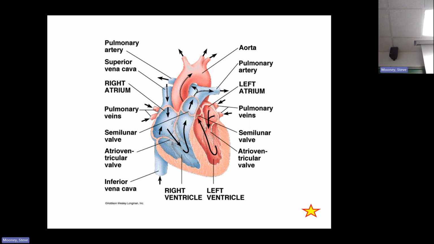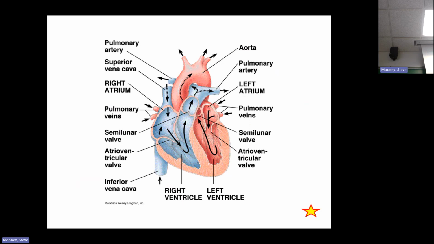We start in the right atrium. We're going to go through the AV valves. The AV valves are the valves between the atria and the ventricle. So right atrium, AV valves, right ventricle.